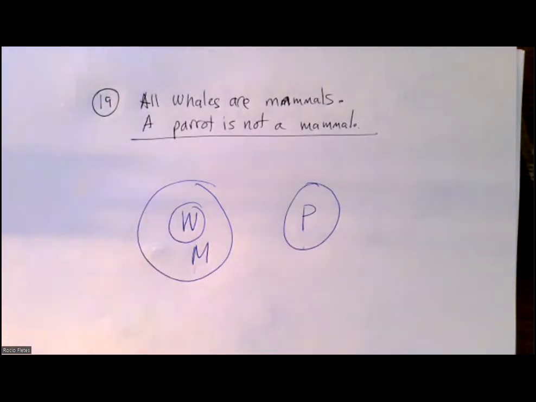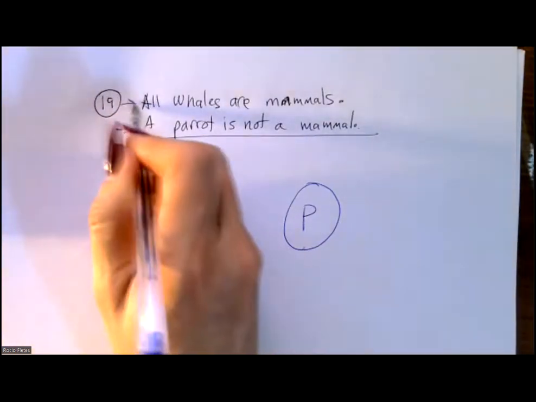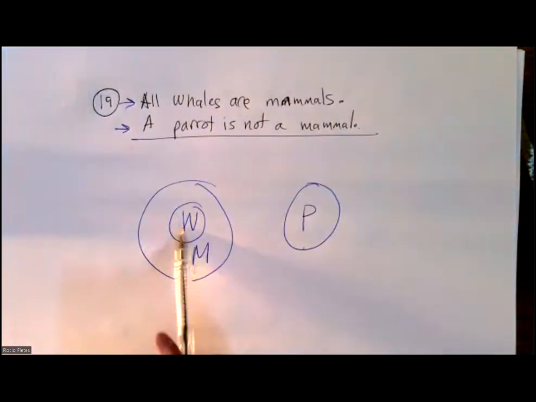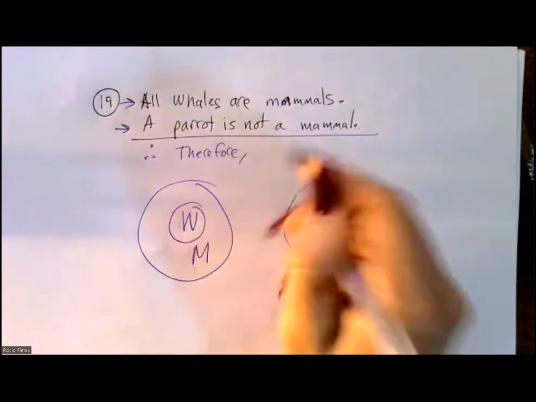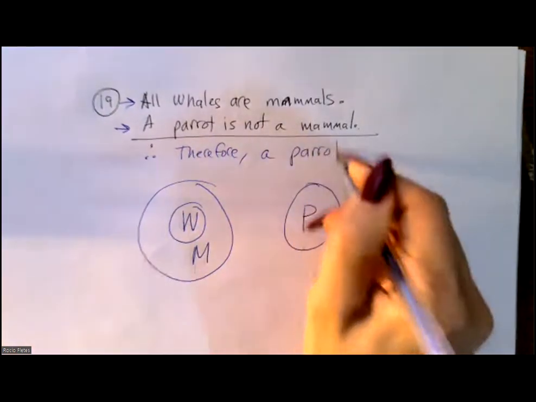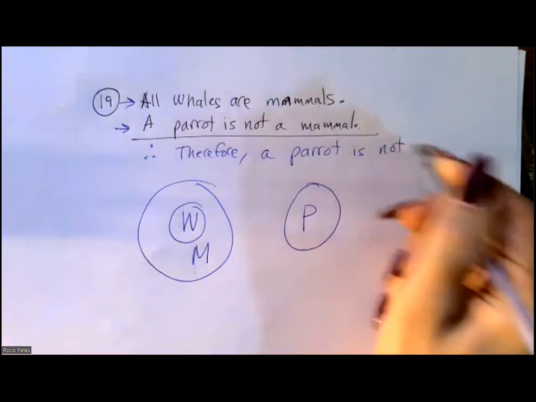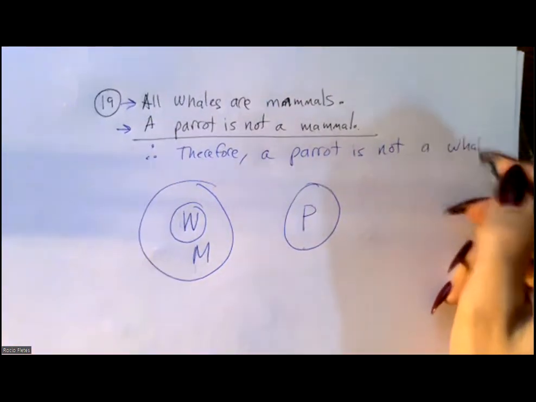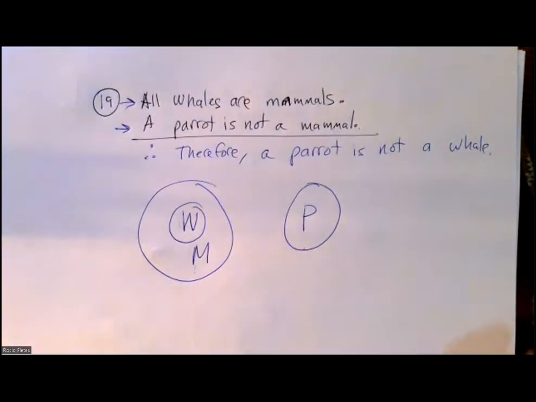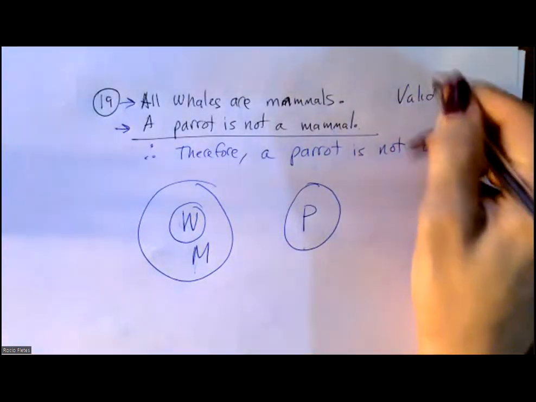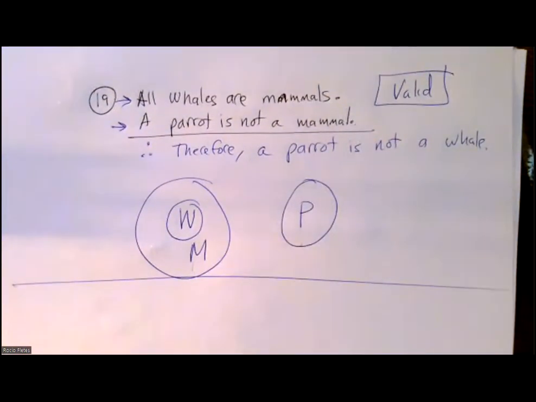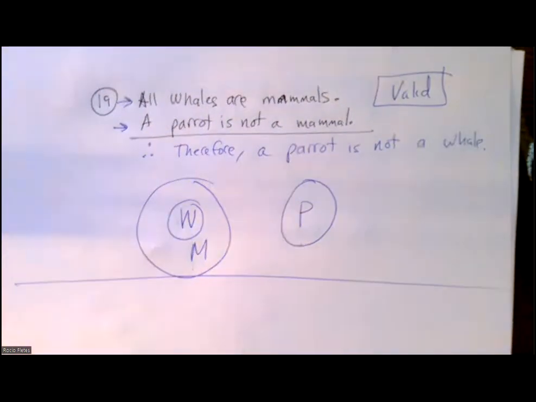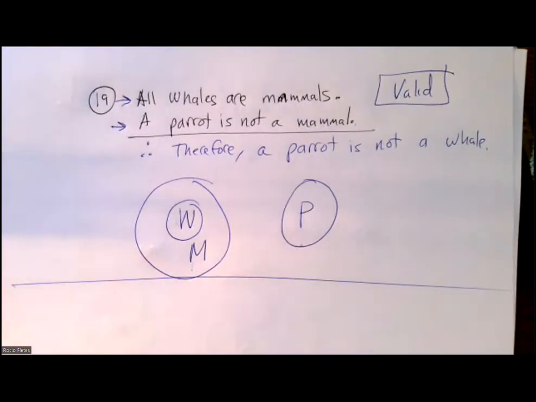Oh, I'm sorry, a parrot is not a mammal, that's the premise, so I can't use that. But you can say, therefore, a parrot is not a whale. That's one conclusion that will make the argument valid for 19. An easy conclusion. Okay, so that is 19.